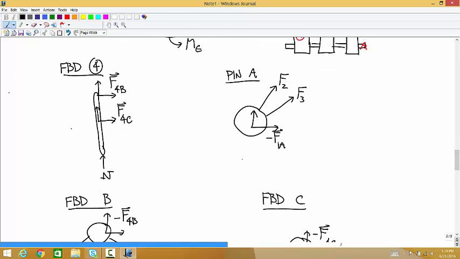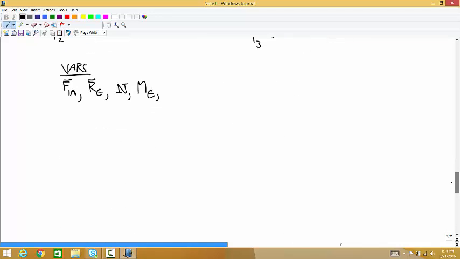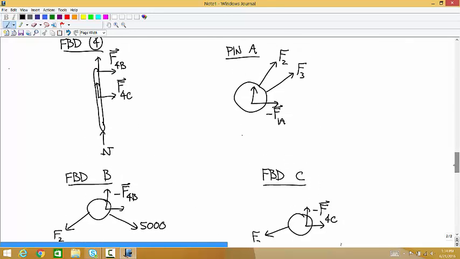And then the free body diagram of 4, we have F4B and F4C. And then from pin A, we have F2 and F3, and I think those are the last two variables.